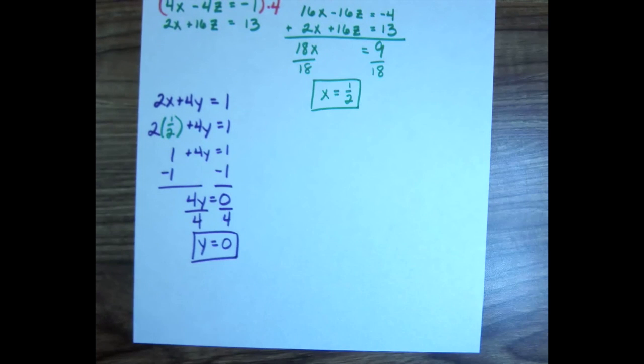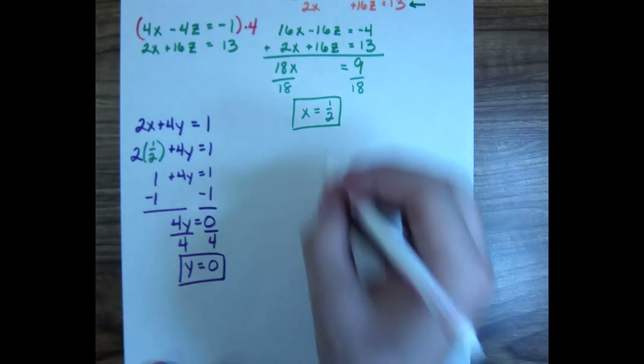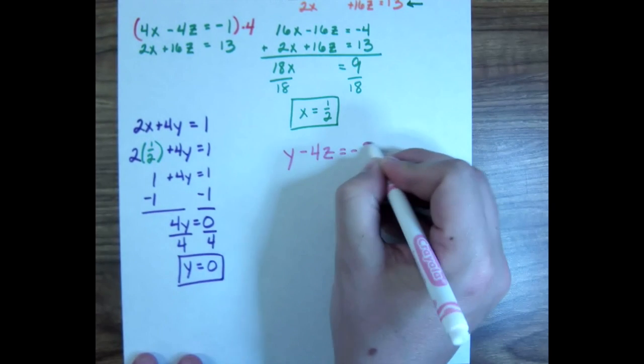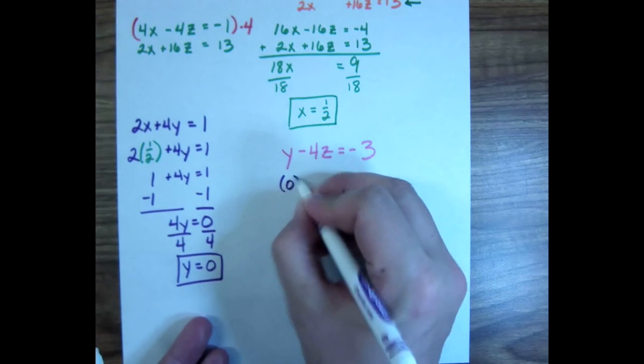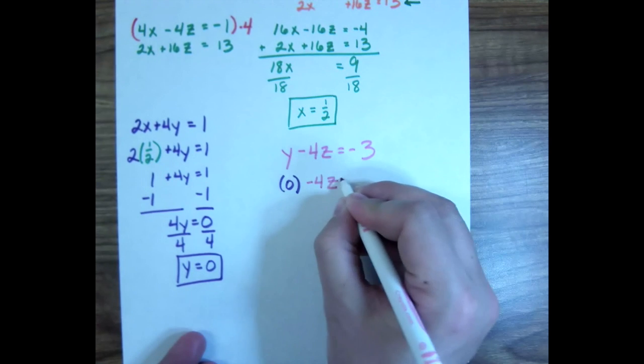Okay. I'm liking this so far. No complaints. All right, I got x, I got y, I need z. I like the bottom equation, y minus 4z equals negative 3. I like that one the best for finding z because I substitute y, which is 0. Plugging in 0 is really easy. So I am a fan of this.